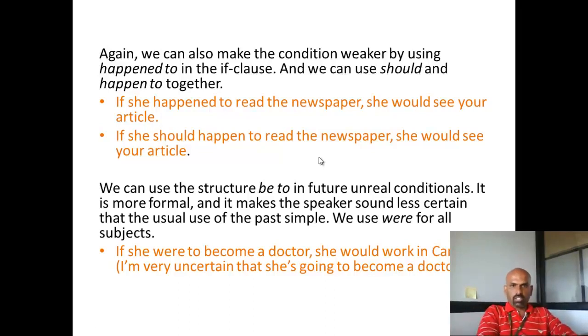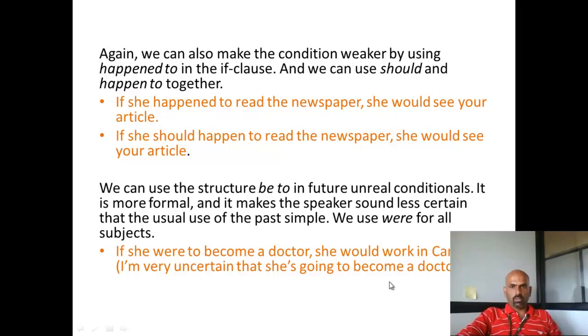We can use the structure "were to" in future unreal conditionals. Let me go to the example, then you will understand. If she were to become a doctor, she would work in Canada. Here, "if she were to become a doctor" means I am very uncertain she is going to become a doctor.